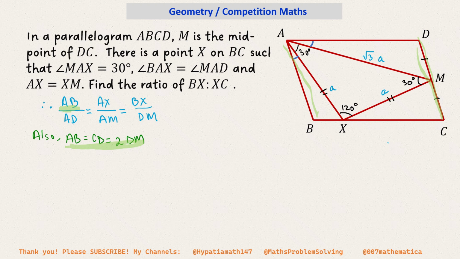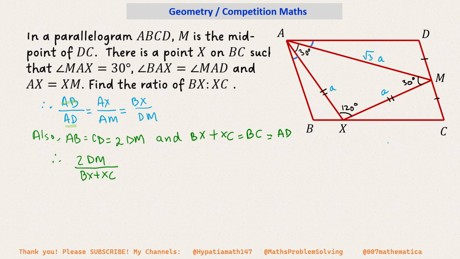So AB equals twice DM, and BX plus XC is BC, and that is equal to AD. So instead of AB, I write twice DM, divided by, instead of AD, BX plus XC, and that is equal to AX out of AM, which is A out of root 3 A.